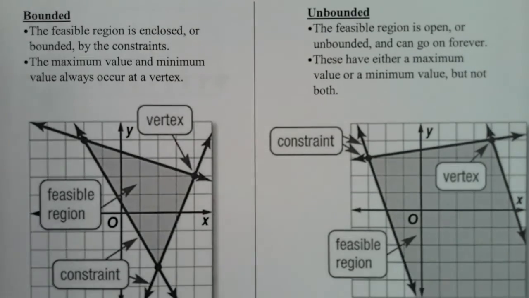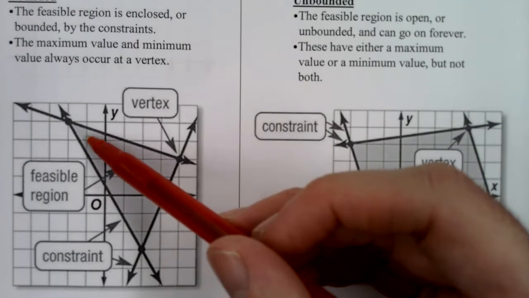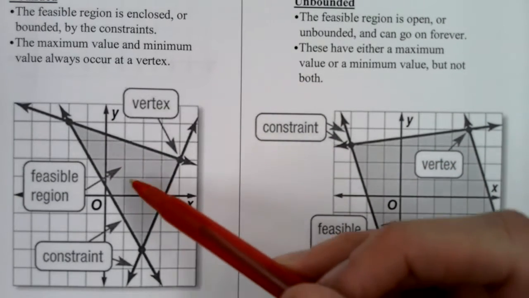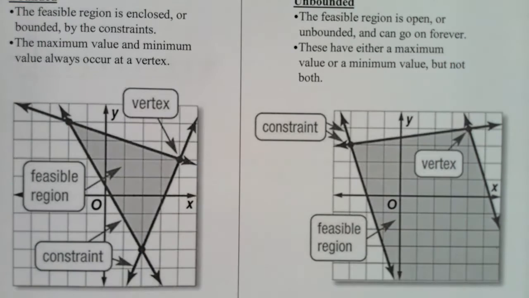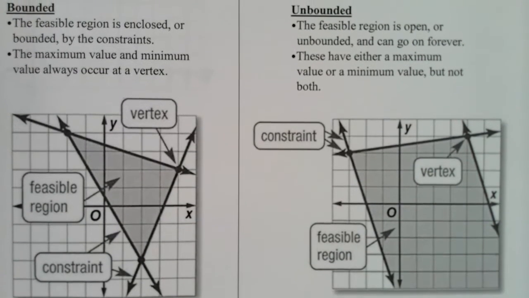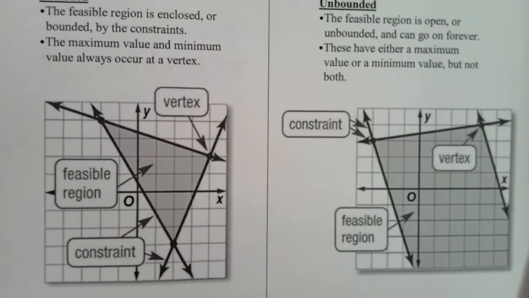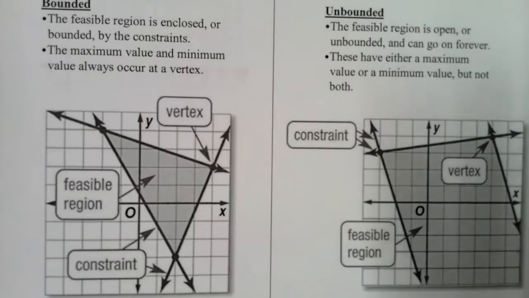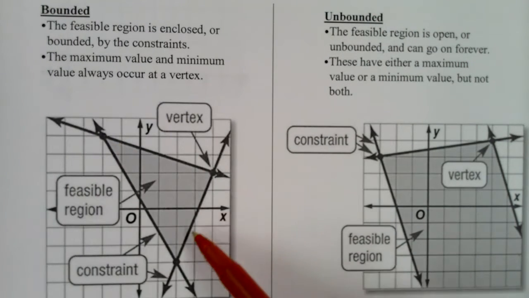Okay, so for the bounded problem, first of all, this thing that's shaded, that's called the feasible region. This is a vertex, that's a vertex, that's a vertex. So this one on the left is called a bounded feasible region, bounded because the feasible region is enclosed.